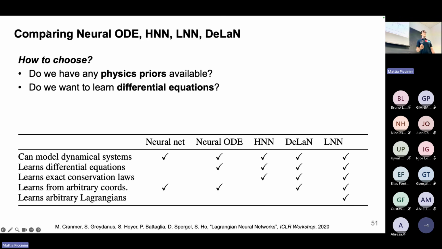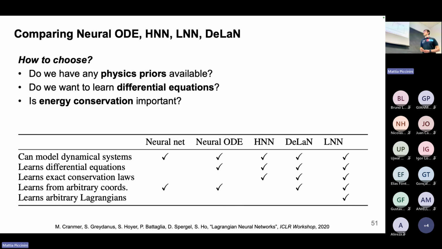Then if we want to learn differential equations, again, neural ODEs are a good choice. If they are ordinary differential equations, they are a good choice. But again, the other approaches may also be suited depending on the type of differential equation, if it's a Lagrangian, if it's a Hamiltonian.